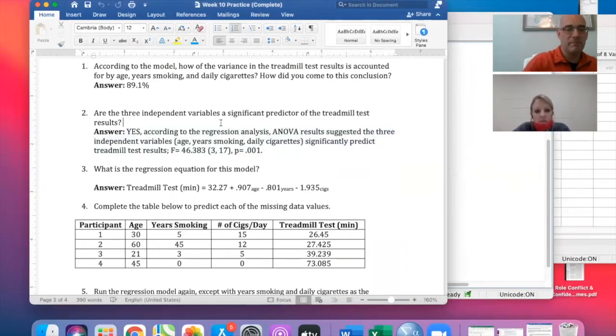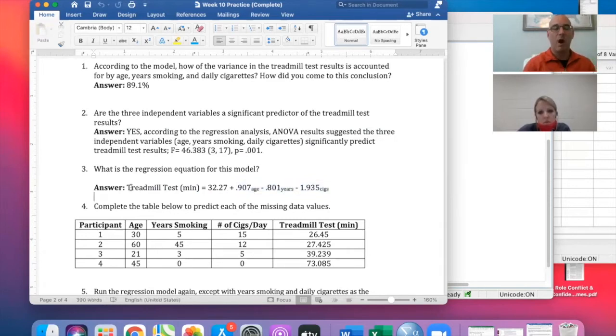Okay. So then what we could do is, because regression is a predictor model, what's the regression equation for this model? Fast forward, here is going to be our answer. So y equals our constant plus some change in our independent variables.